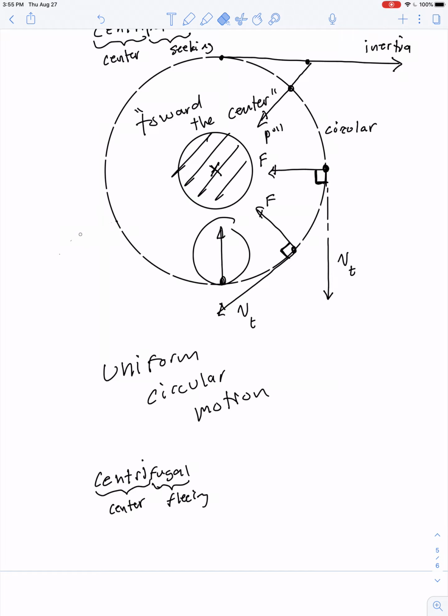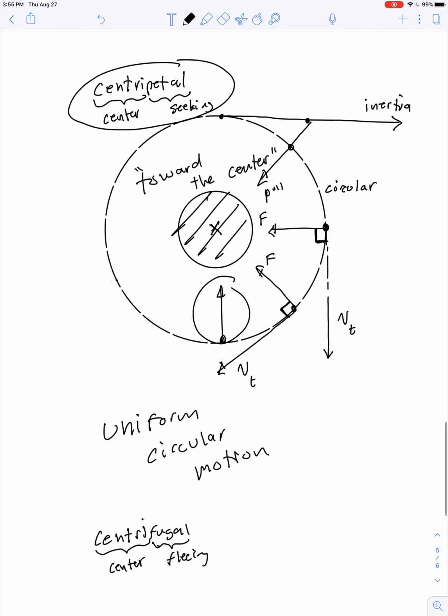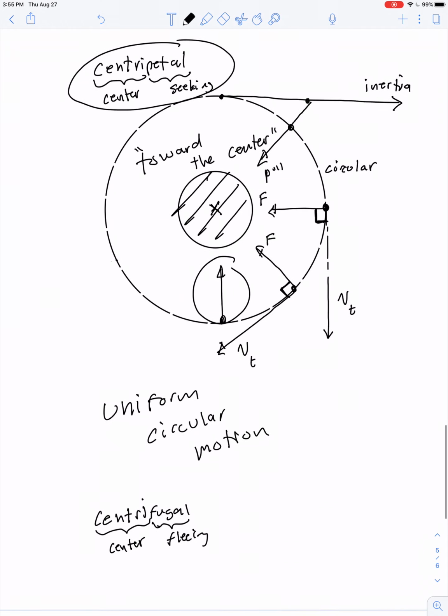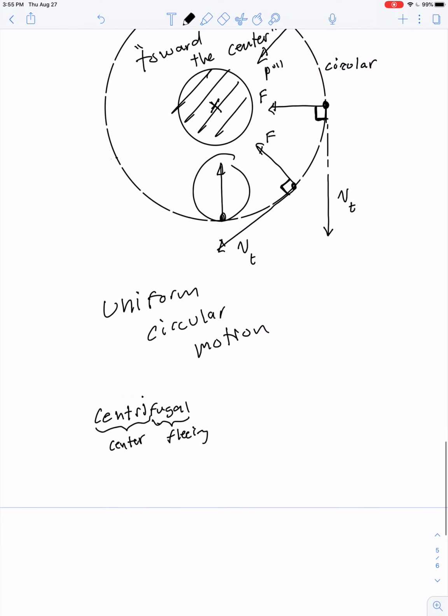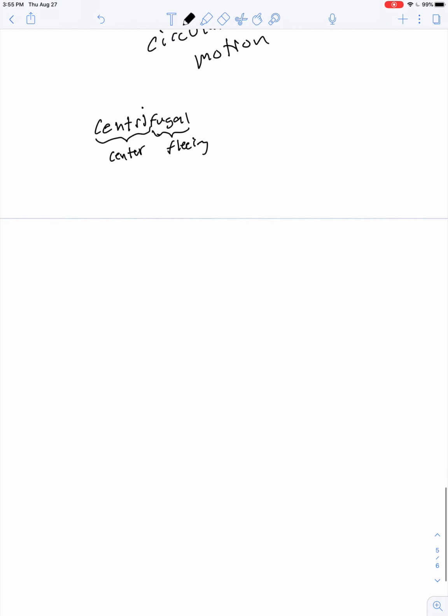The whole reason why any satellite orbits around a planet is for sure due to the presence of a centripetal force. And force can be centripetal, acceleration could be centripetal. Any vector that points toward the center of a circle can be described as a centripetal vector.